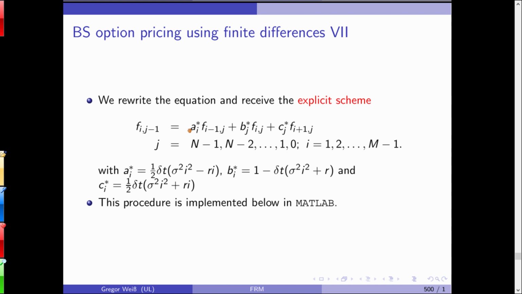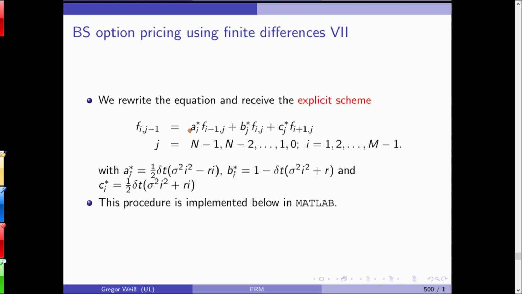You fill column n minus 1, you fill column n minus 2, n minus 3, until you reach the first, and then you've solved for the whole lattice. It's virtually the same idea.